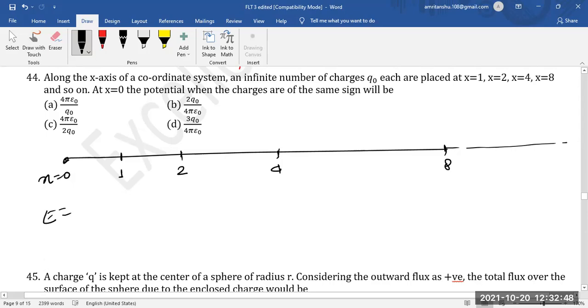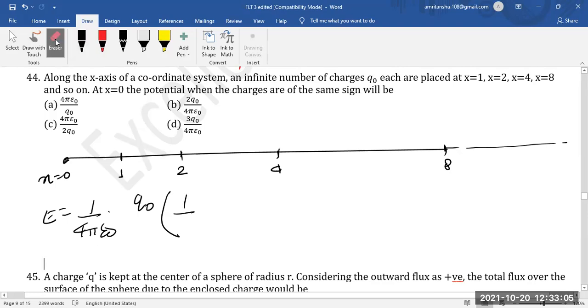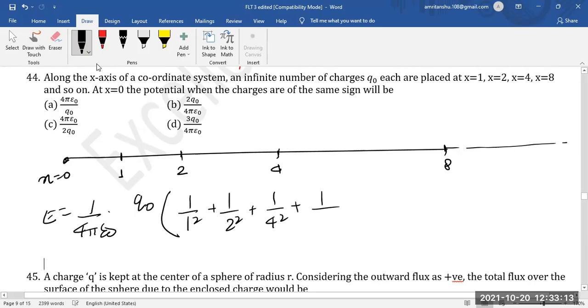It's going to be 1 upon 4 pi epsilon naught, q naught, times 1 by r square. So this is going to be 1 plus 1 square plus 1 plus 4 square, and so on.